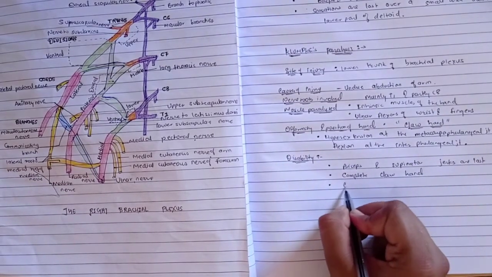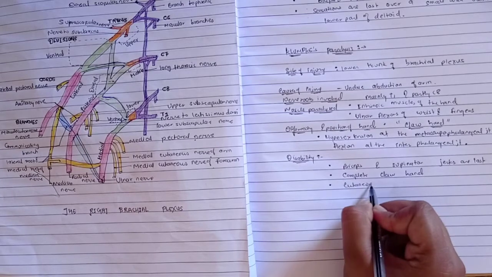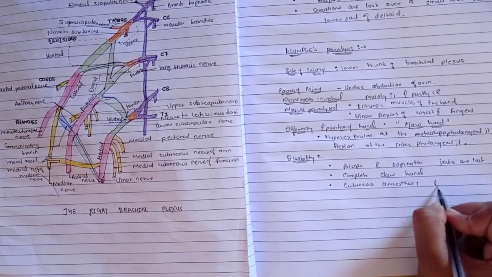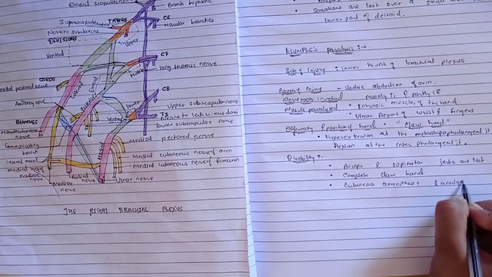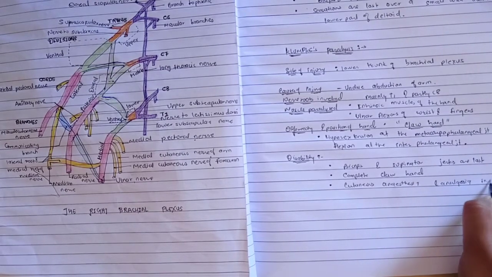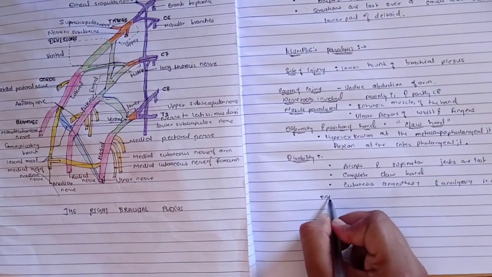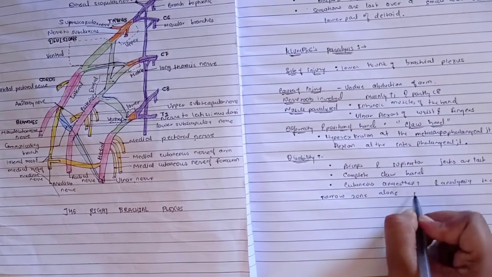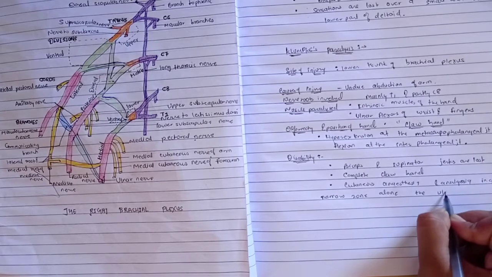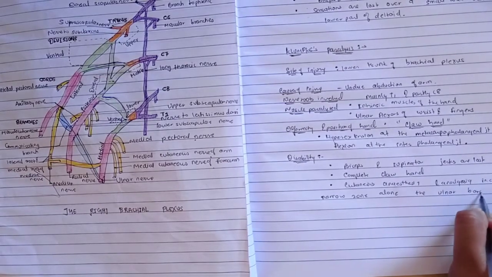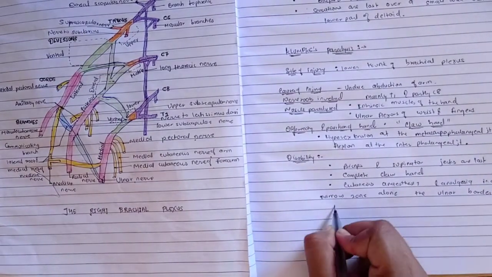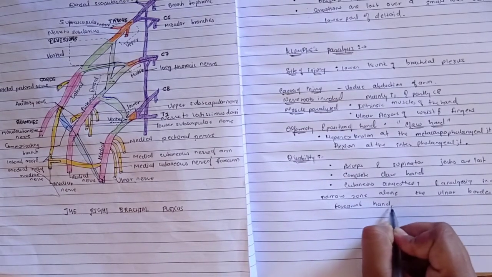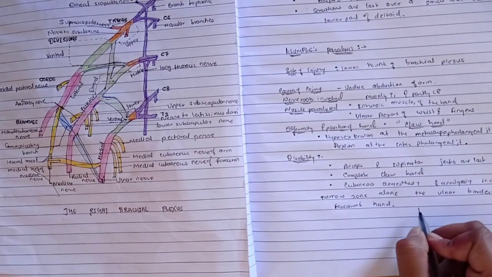Third, cutaneous anesthesia and analgesia in a narrow zone along the ulnar border of forearm and hand. So this is all about brachial plexus.